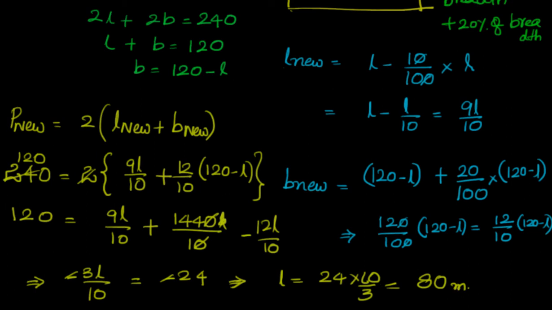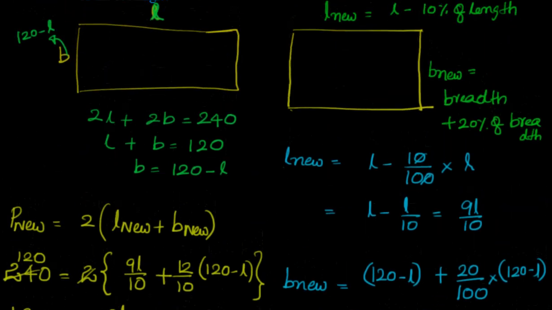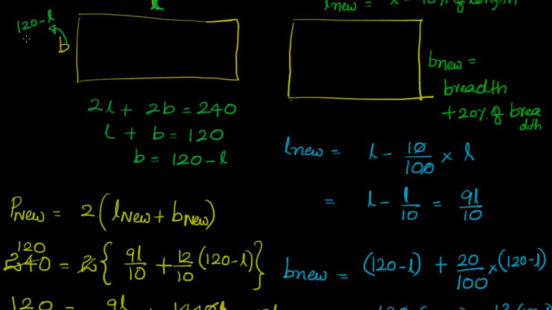So if I got L equal to 80 meter, immediately I know breadth is nothing but equal to 120 minus 80, that's equal to 40 meter. So the dimensions are L equal to 80 and breadth equal to 40. Breadth equal to 40 and length equal to 80 meter.